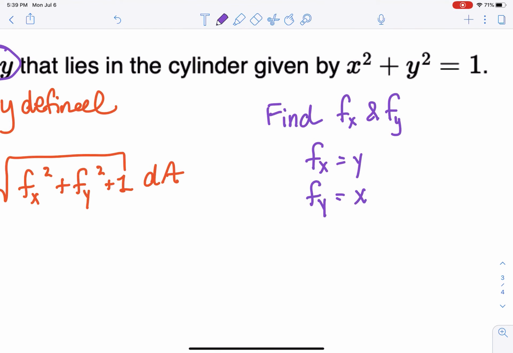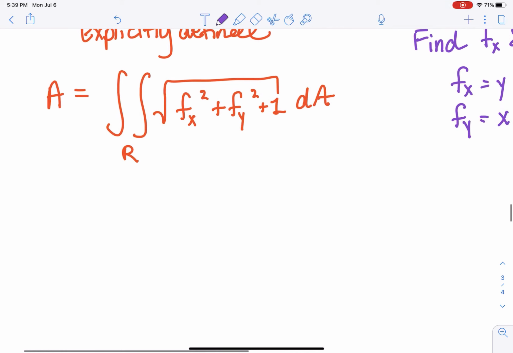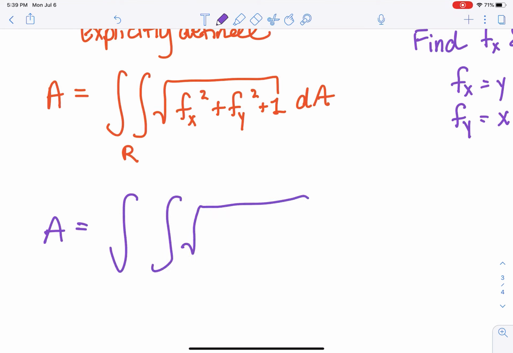So now we can put that into our working equation. We'll have a double integral that we need to bound here in a second, where the integrand is just the square root of x squared plus y squared plus 1. And then we'll do dA for now.